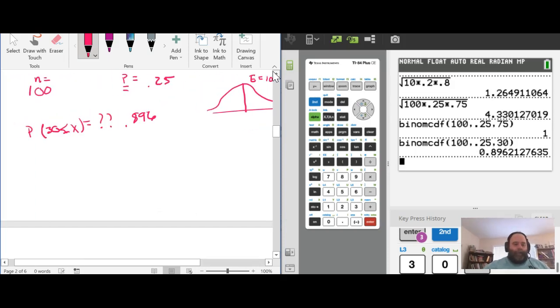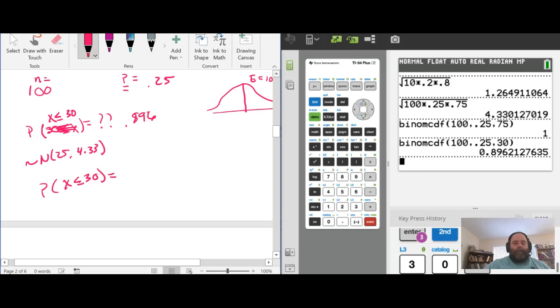If I assumed a normal distribution with a mean of 25 and a standard deviation of 4.33, what is the probability that I'm going to get less than, oh crud, I have this backwards. X is less than or equal to 30, sorry. This is the problem, because it's cumulative up to 30, right? So the probability that X is less than or equal to 30.